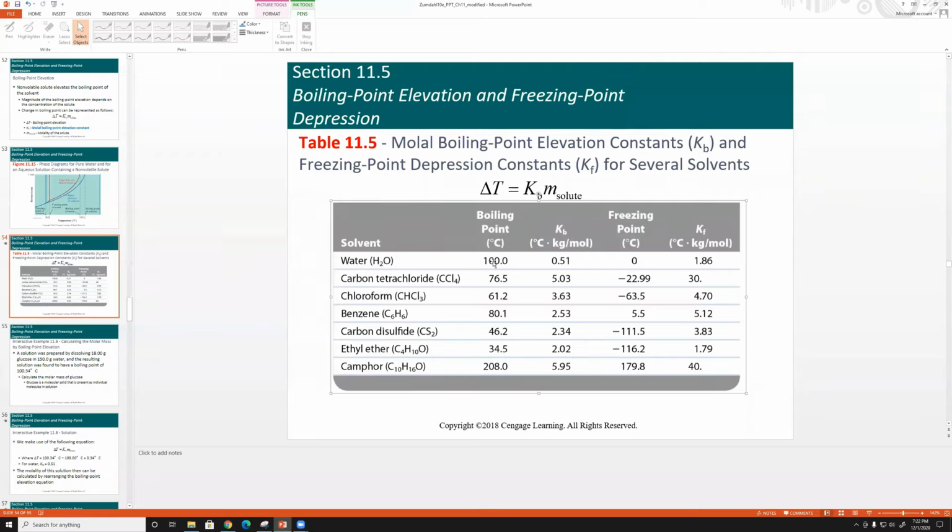The reason why is it will take more energy to release the water molecules from liquid to gas, because they now have stronger intermolecular forces with the new solute introduced to the solution, the Na pluses and the Cl minuses. So the whole theme of these properties that change when you add solute is that you're strengthening the intermolecular forces, and that causes the boiling point to increase, and it also causes the freezing point to decrease for the same reason.